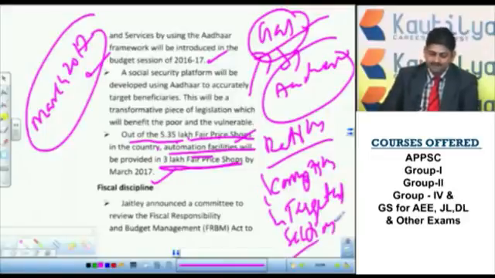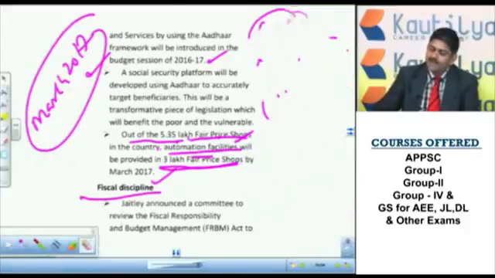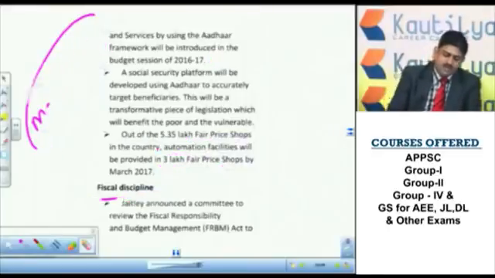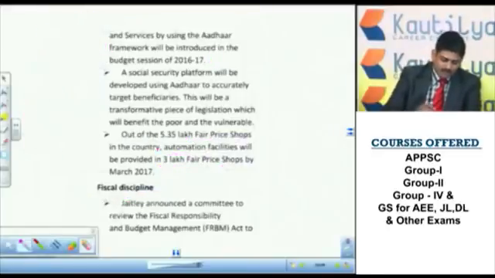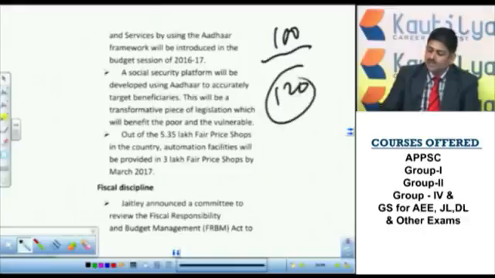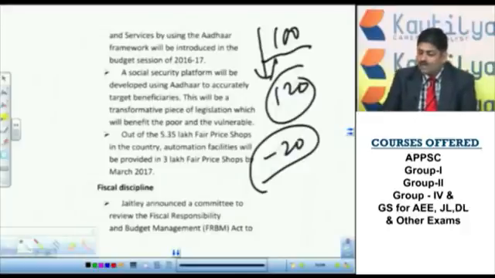This is the idea. Next, fiscal discipline. The Government of India made the FRBM Act long back in 2003 or 2004, the Fiscal Responsibility and Budget Management Act. As I told you initially, if you earn 100 rupees and spend 120 rupees, that means a deficit of minus 20 rupees. The spending is always more than the earning.